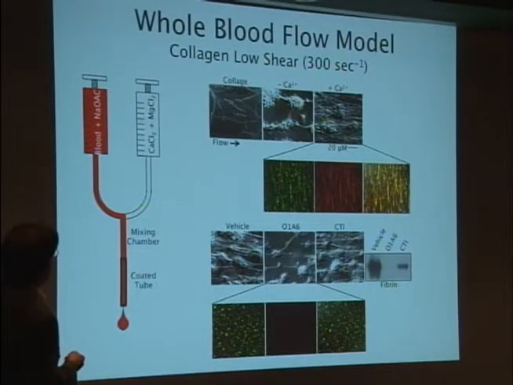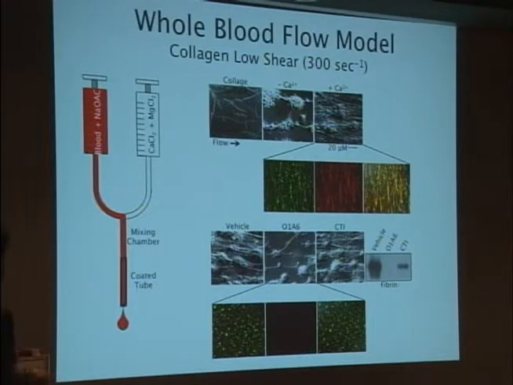What happens over time is you get platelets accumulating and fibrin forming on top of that. Here's platelet accumulation in green, fibrin formation in red, and the two superimposed.